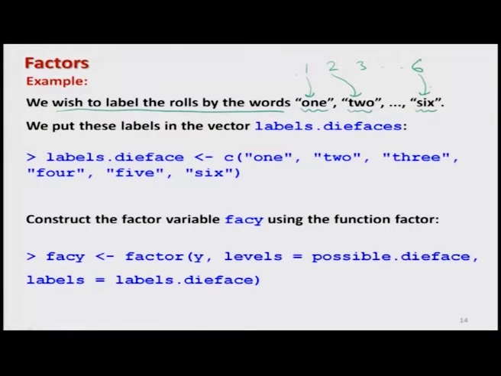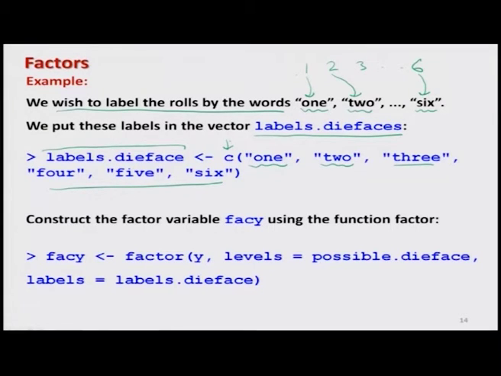Now, we put all these labels inside a vector and call this vector labels.die.phases. This is again a longer name, but I have taken it so that you can understand the meaning.